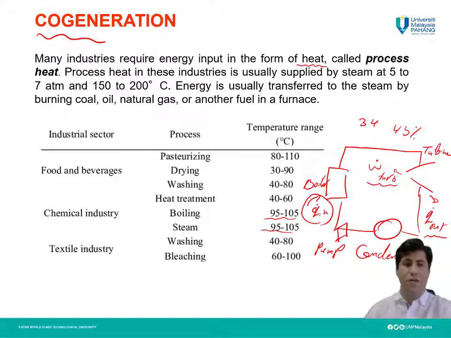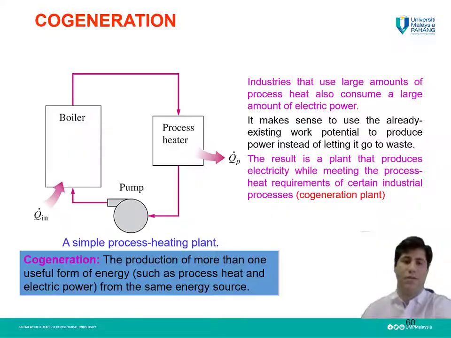But as you can see, in industry we need a heat source for different purposes. So if we use this Q dot out as a heat source for these different processes, then we can improve the total efficiency of this cycle. We call this cogeneration. Let's see some examples.